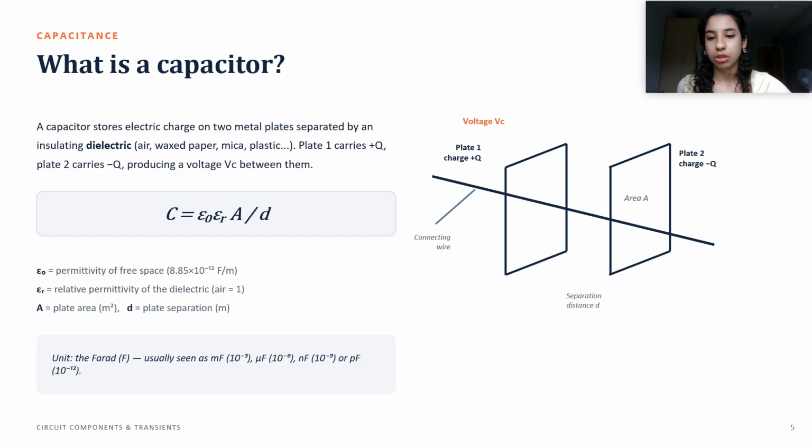Usually we put the units in millifarads, micro or nano, because capacitance is very small. If you have a large amount of capacitance in a capacitor, that is actually very dangerous. Usually we'll have it in decimals times 10 to the minus 3 or even less. Let's go next.